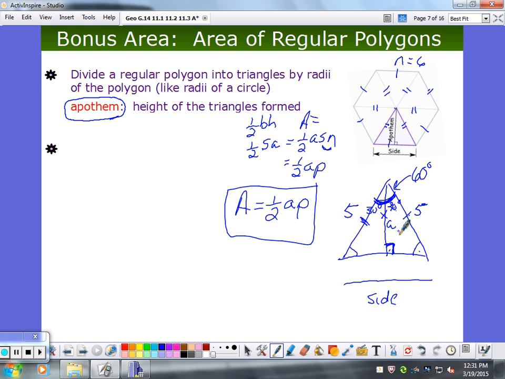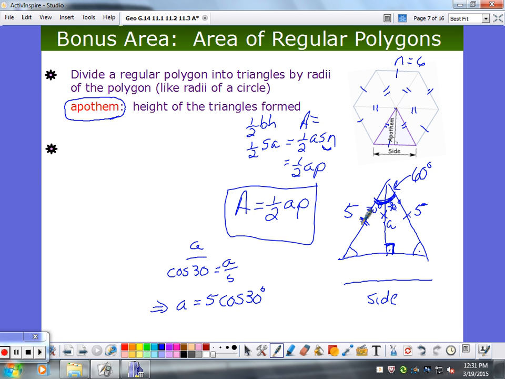So let's say I want to find A, remember? So this one is 30 degrees. I don't know this one, but it's an adjacent, and this is a hypotenuse. So if I want to find A, I would say the cosine of 30 is A over 5, and that means that A is 5 cosine 30 degrees, isn't it?